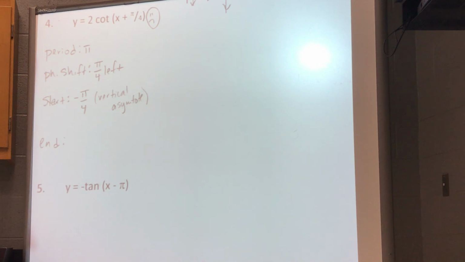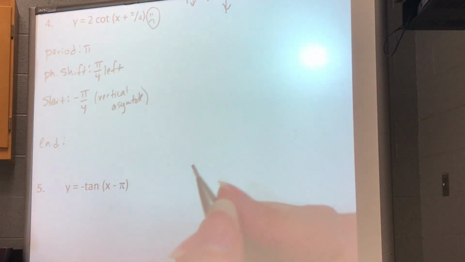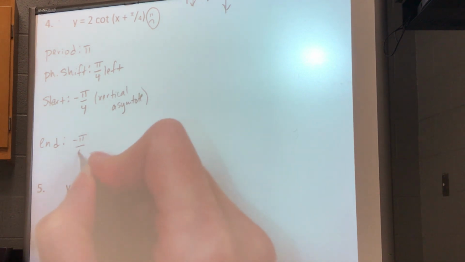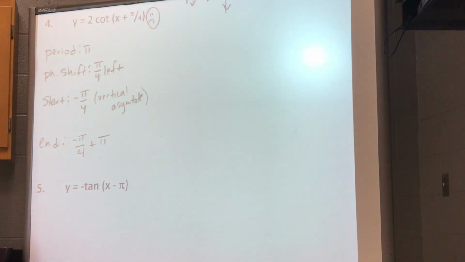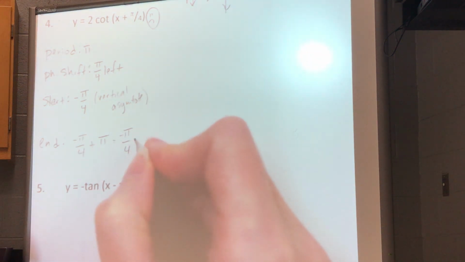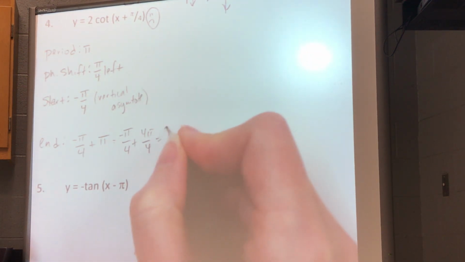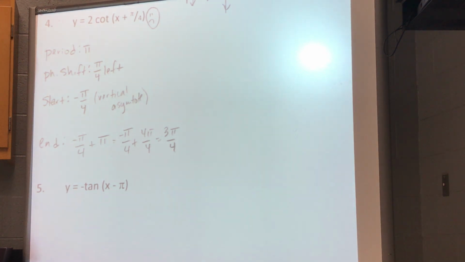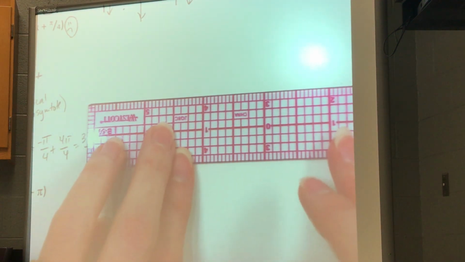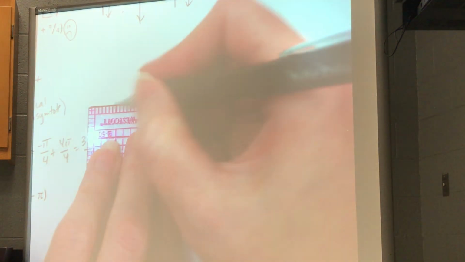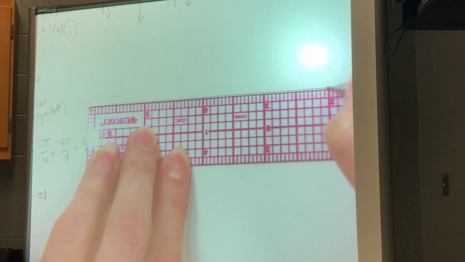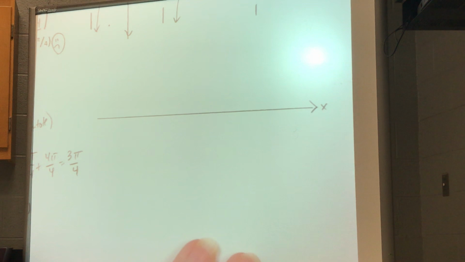Alright, what are we going to do to find the ending point of the first period? Add pi to this. Add the period. Okay, so we're ready to draw our x-axis. Now on these, I kind of build from the left.